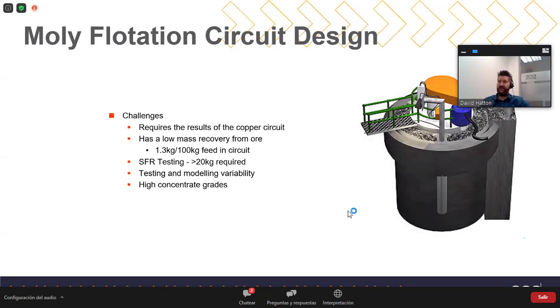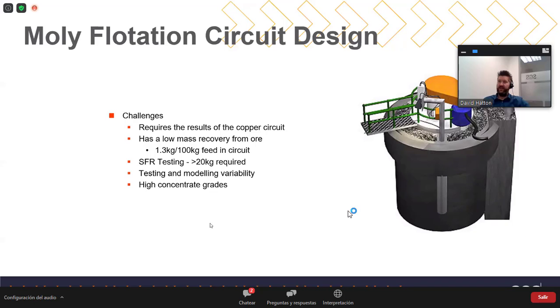However, we're not going to get that much material from laboratory test work, and then we needed to do further testing on that. We wanted to do SFR testing. That requires at least 20 kilograms of material, and so we had to come up with a way of obtaining this feed to the moly circuit.